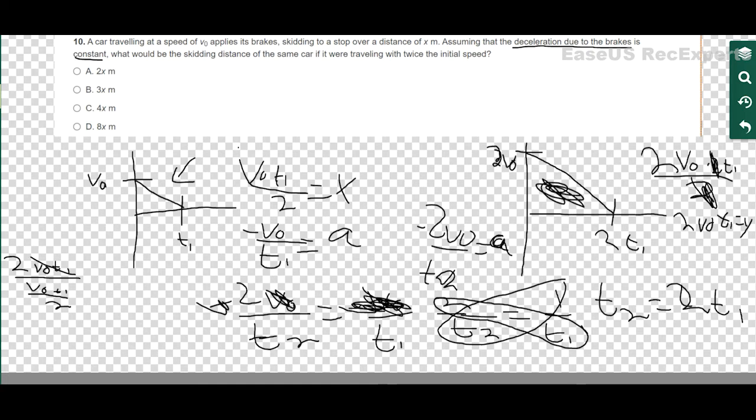As you can see, you can cancel out the V initial T1s to get 2 over 1 half, and you would get 4, which is equal to Y over X. So if you were to cross multiply that, your Y would be equal to 4X, and your Y is basically your area under here. So because of that, now we know our distance traveled is 4X.